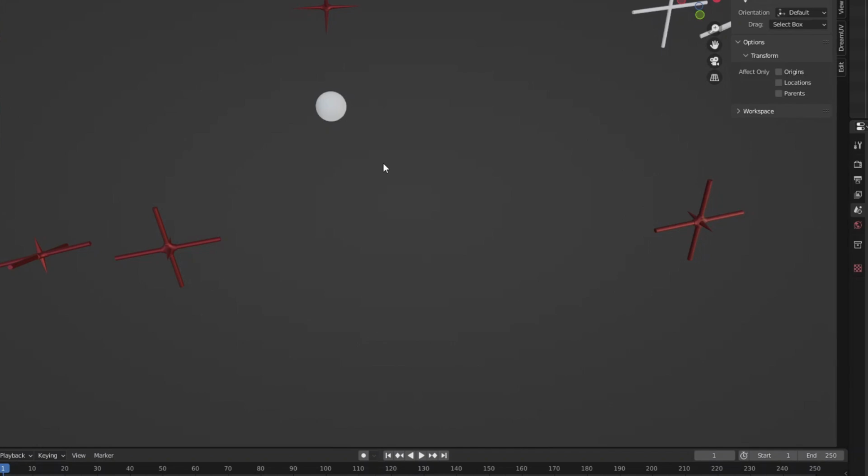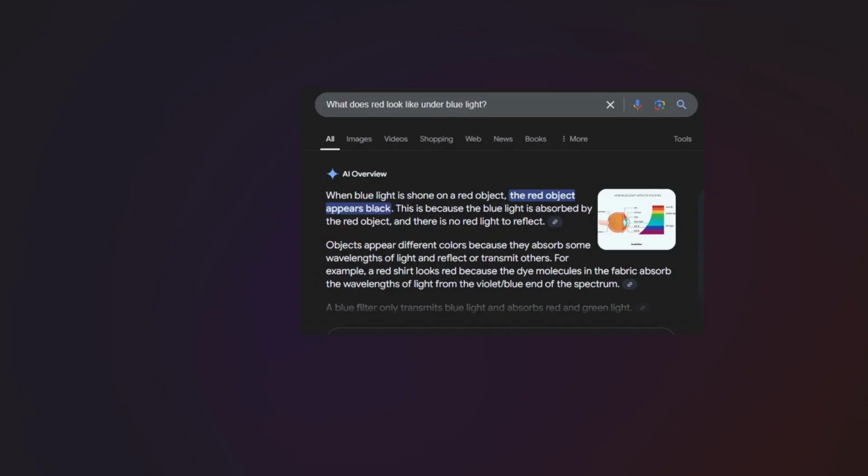So there's that possibility. Also, I know that blue light makes red objects look black, but the sunlight itself is white. So I don't know if light bleed would make it into a black object, but just food for thought. I thought I'd just say that.